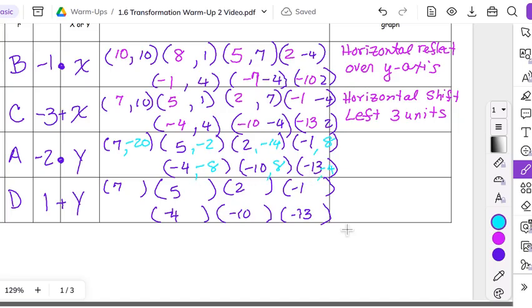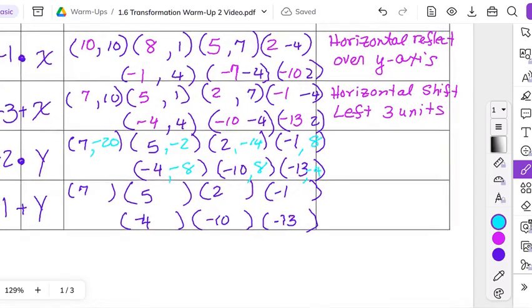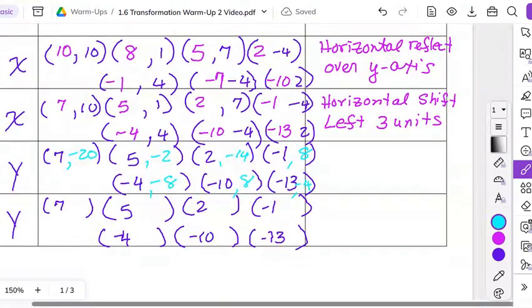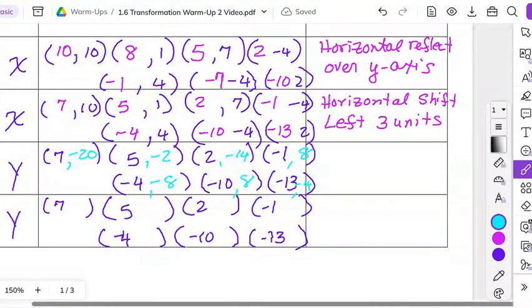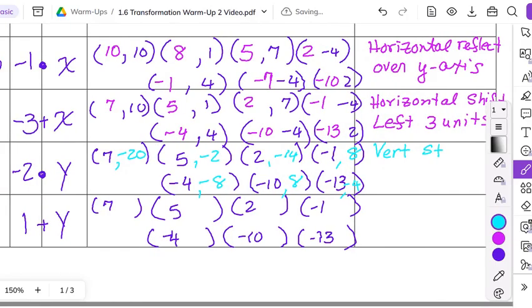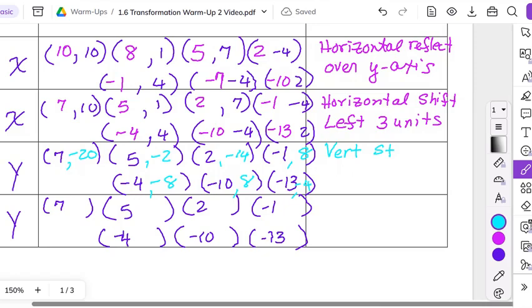But now before we do that, let's do a description of what's happening to the graph. So the graph, because it's a y value, it's going to be vertical. So this one here is going to be a vertical stretch because I multiplied all the y values by 2. That means the y values got bigger. That means that it has been stretched by a factor of 2.